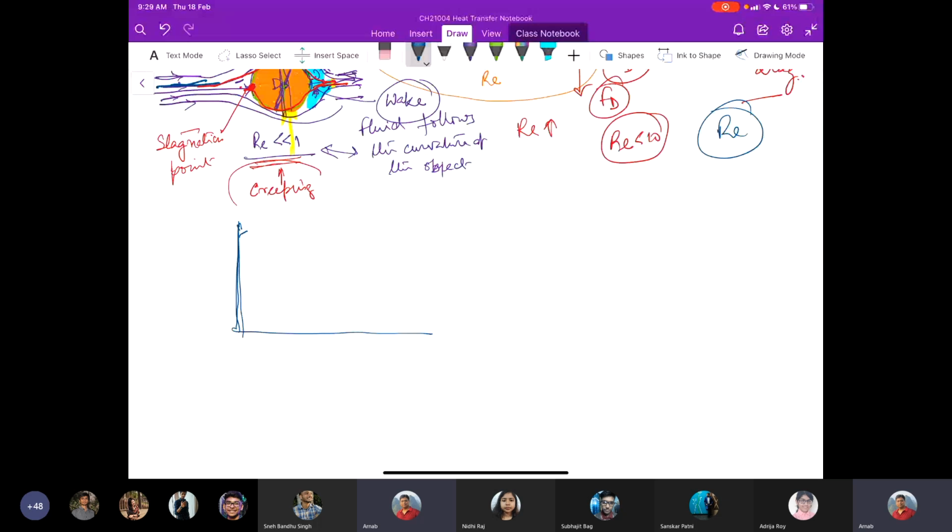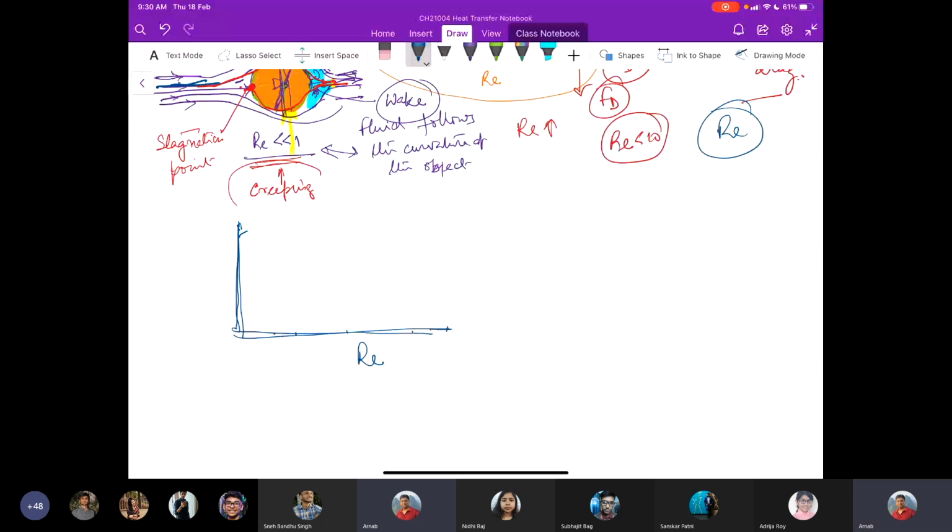Now typically, CD versus RE plots, if you have seen them for other scenarios, are done in a log scale.